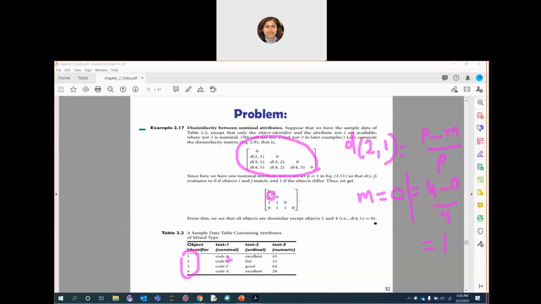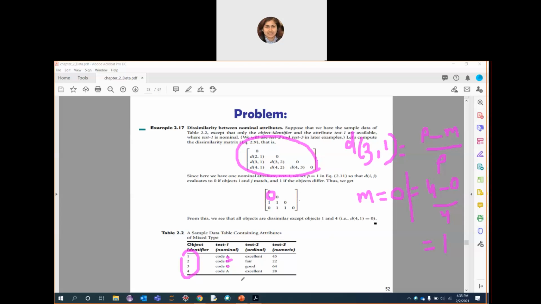Do you have any question on it, or is it understood? Then likewise you can now consider d31. You will compare the third object, that is code C, and code A. Are they equal?